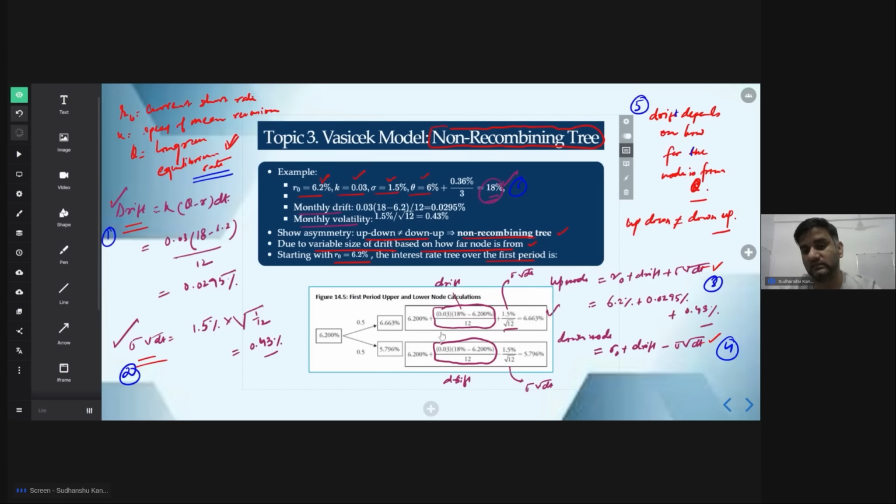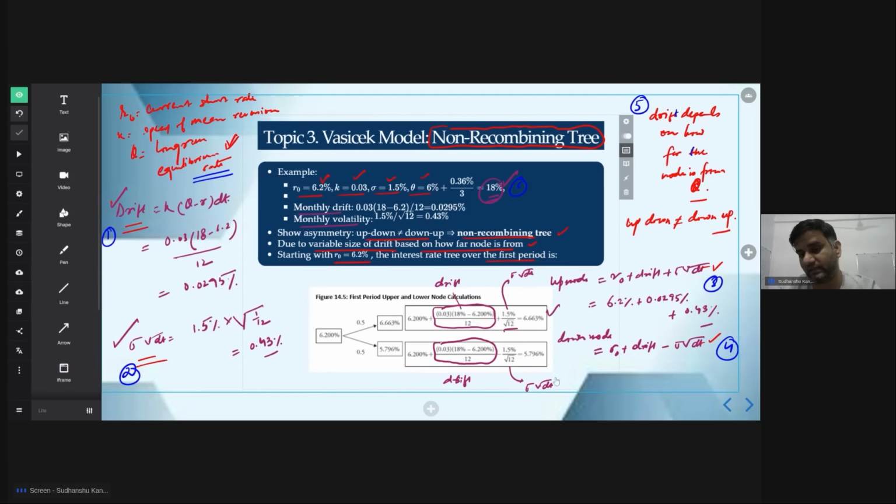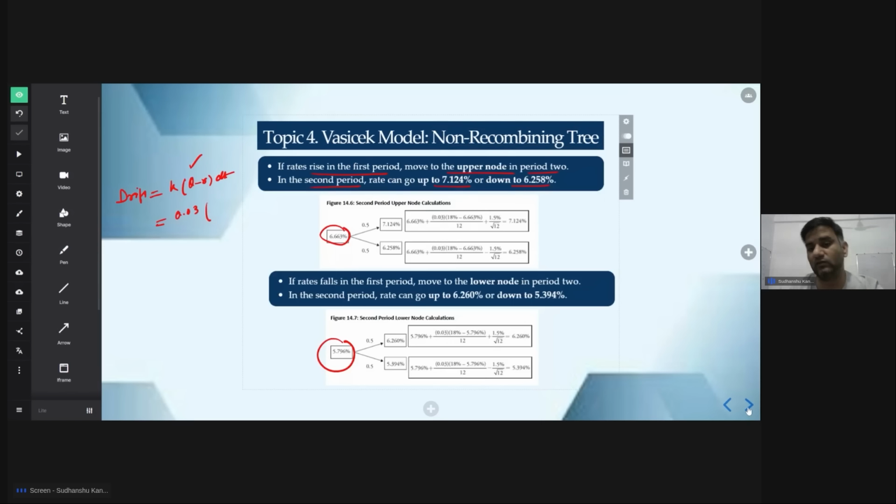In the first case, the long run equilibrium rate was taken as 18%, and r was 6.2, so 18 minus 6.2. Here again you are taking 18%, so this also doesn't change. But r is changing now. Earlier it was 6.2, here it is 6.63. And dt is that you divide by 12, right? So that is what we have.